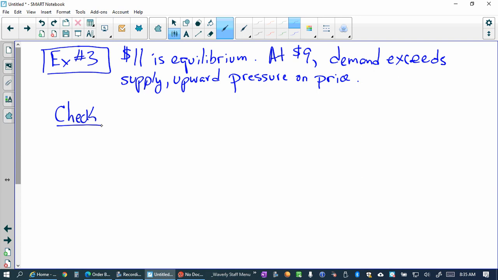Supply exceeds demand, right? And what's the price pressure? Let me just take a look at that graph and see where 15 is compared to 11, right? Supply exceeds demand. And we have downward pressure.